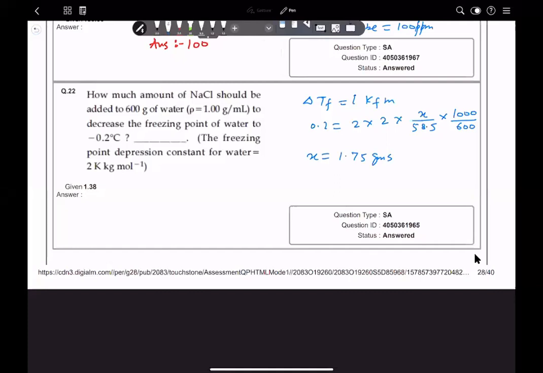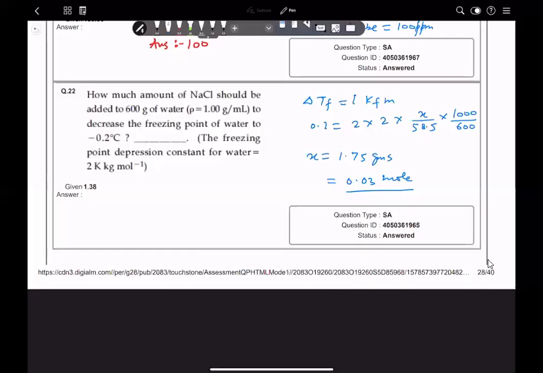In the question, the amount of NaCl can be reported either in terms of mass or in terms of moles. So this can also be written as 0.03 moles. Both answers are correct as per the JEE Mains answer key. So you can write either 1.75 gram or close to that, or 0.03 moles.